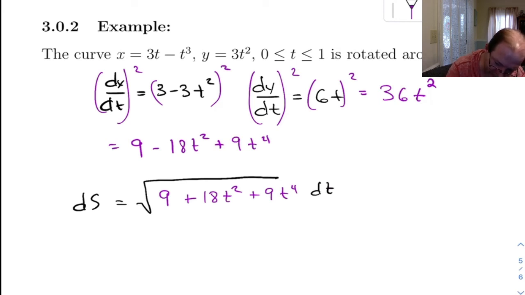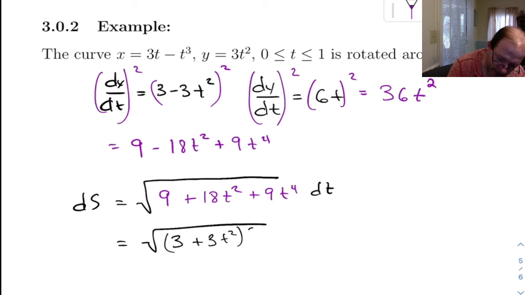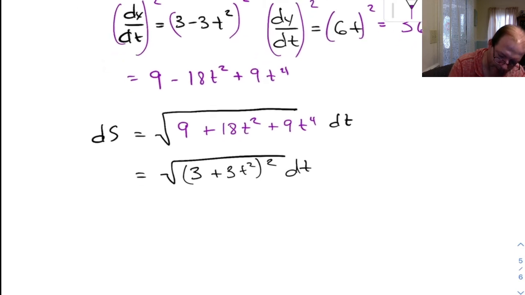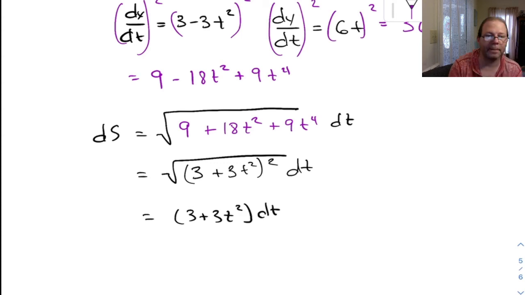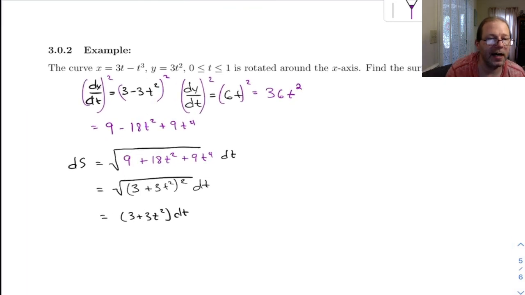And I can factor this into 3 plus 3t squared, squared. And then the square and square root undo each other, and we're left with 3 plus 3t squared dt. All right, so that's my ds.